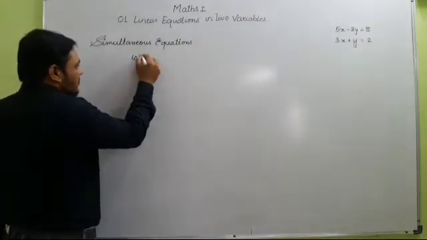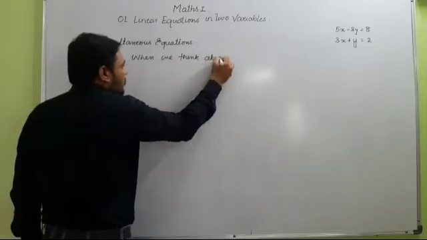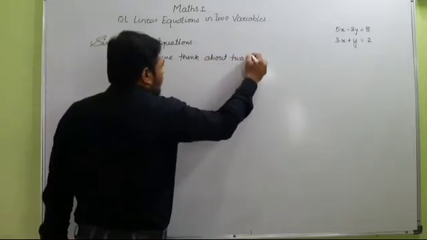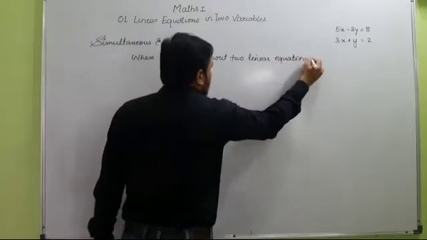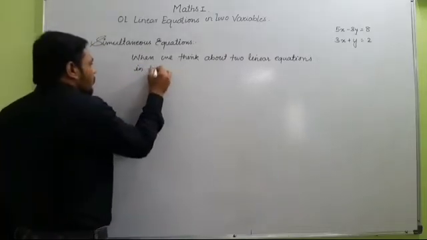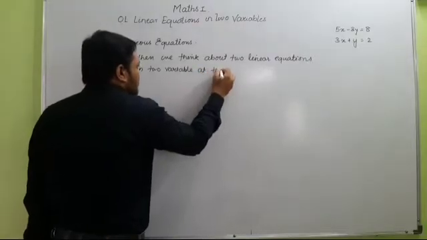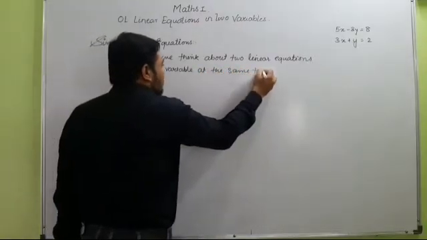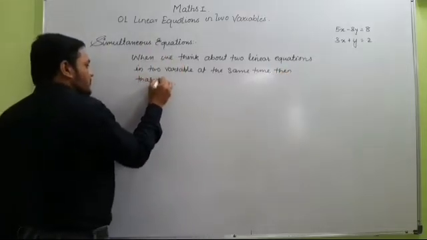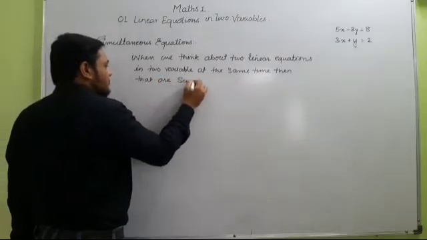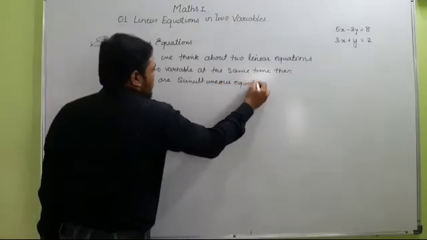When we think about two linear equations in two variables at the same time, then those are simultaneous equations.